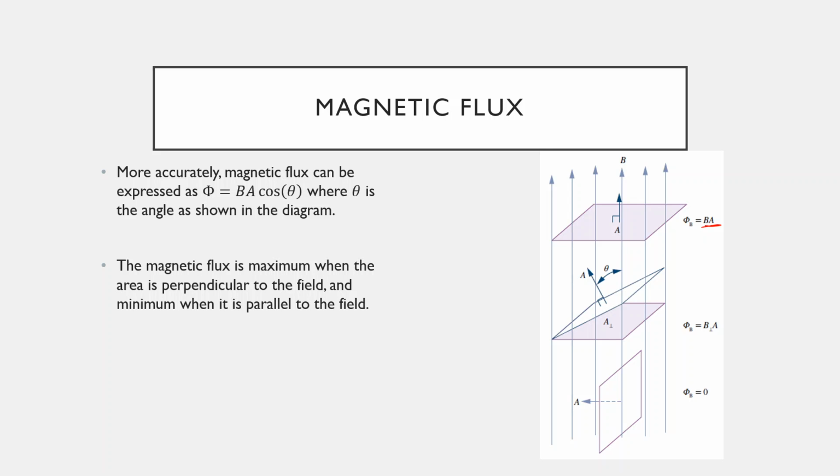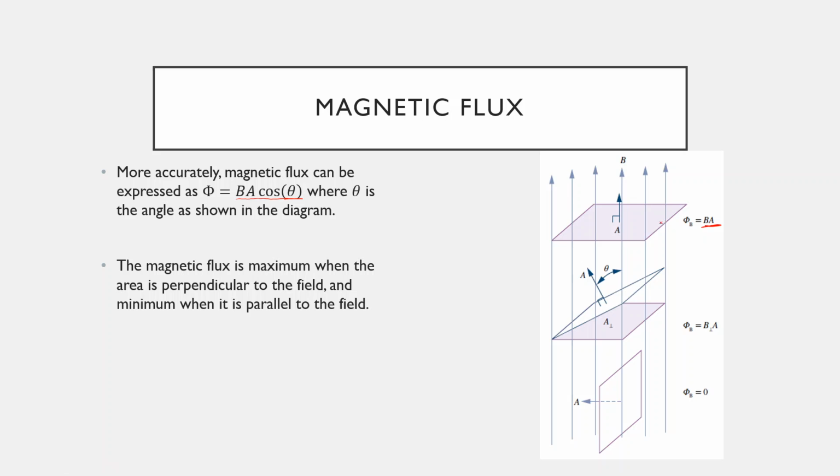You won't really have to deal with this too much, but just so you know about it, the flux can be written technically as B times A times cos theta, and theta is the angle shown in the diagram. So it's this angle here between this vector sticking out perpendicular to the area and the magnetic field lines.